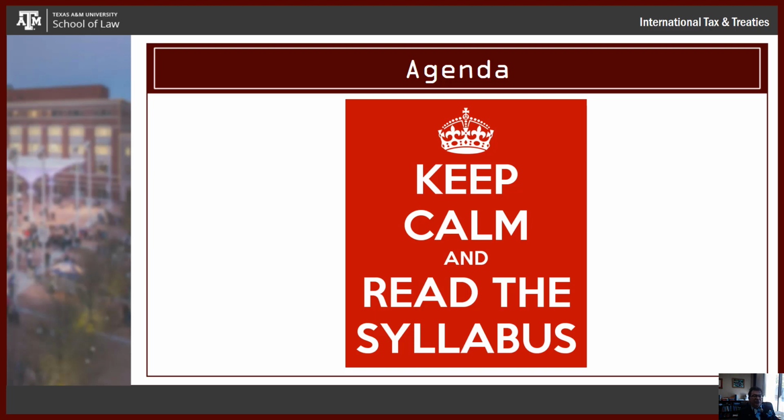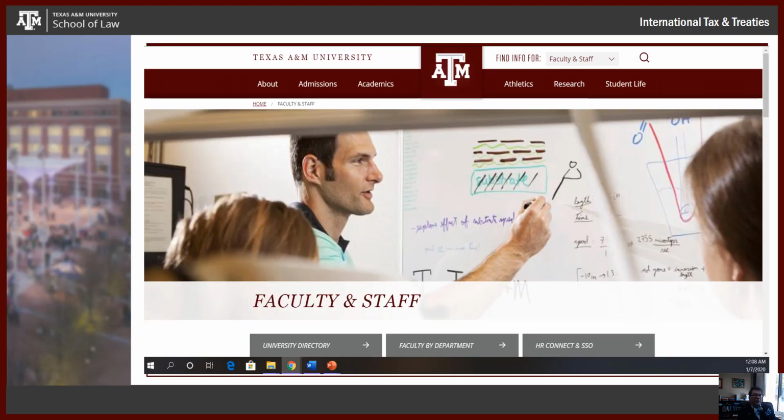But let us first look at perhaps the most important aspect of the course. Who are the faculty actually teaching you and walking you through the learning objectives? Texas A&M faculty across the entire university, regardless of unit, whether it be the law school, Mays School of Business, the Bush School of Government, you'll be able to search and find them all through the faculty and staff main campus website.